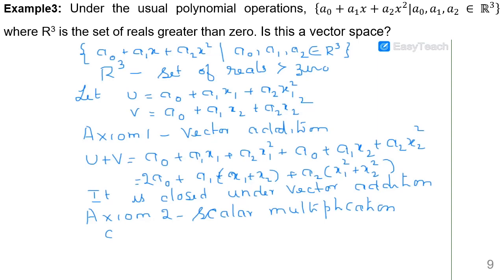So c into u is equal to c into (a0 plus a1 x1 plus a2 x1 square). This gives you c into a0, c into a1 x1, c into a2 x1 square.